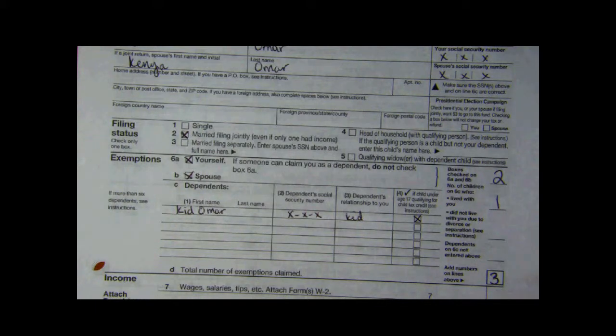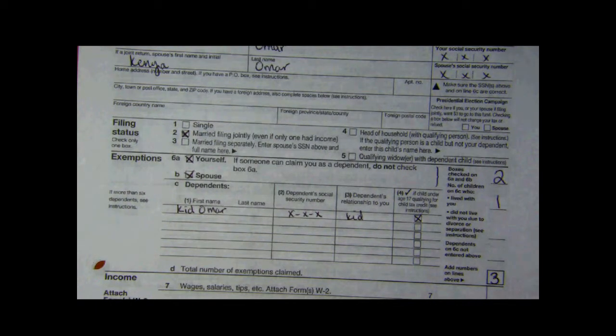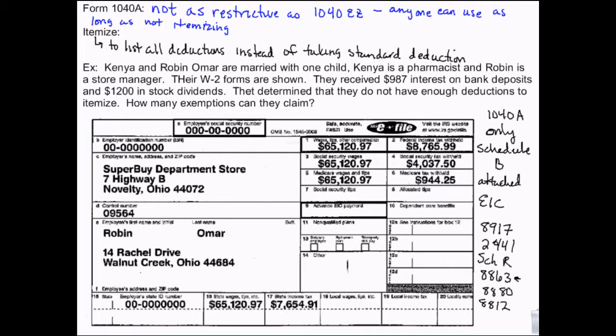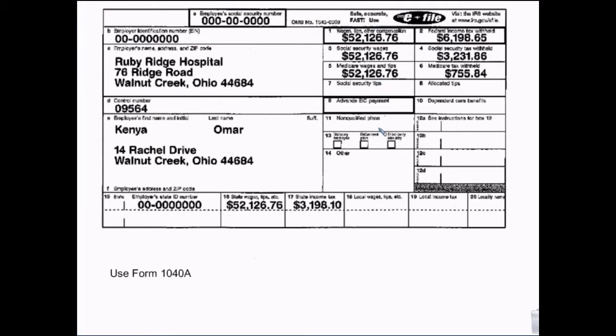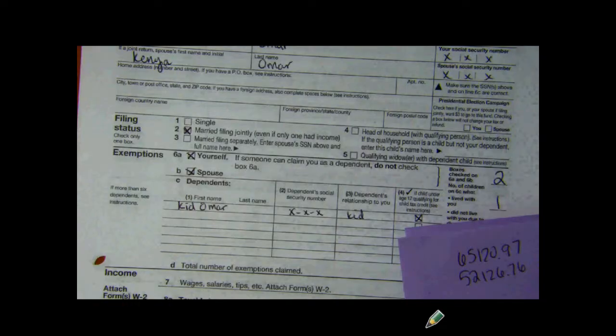Now we need to go to their wages, salaries, and tips. Robin's wages are $65,120.97. And then on the next page we have Kenya's as $52,126.76. So I'm going to add those two together to get their total wages.